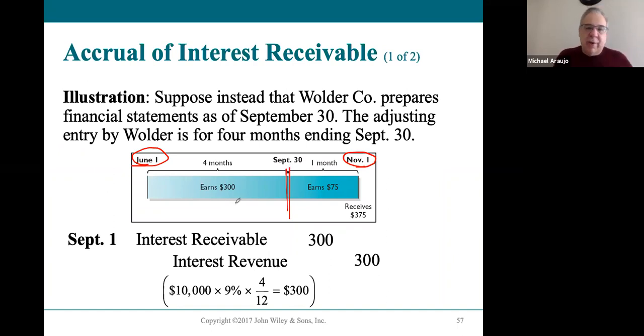What do they do? Well, very much like you saw in chapter 4, right? When you had accrued interest, on September 30th they would debit the interest receivable, credit interest revenue, because this is just an adjusting entry for interest that you saw back in chapter 4.